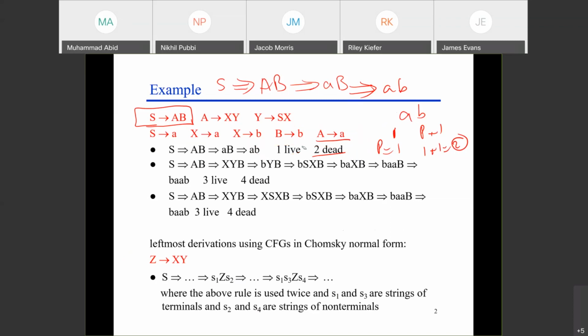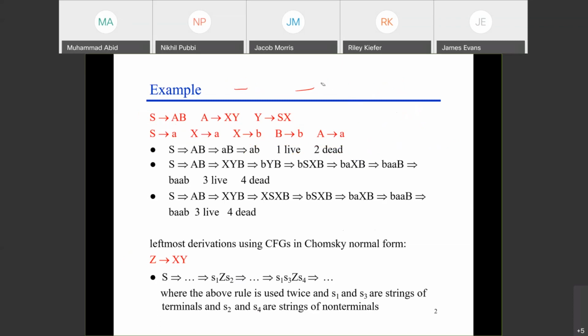Now let's see this again with reference to another example. We want to generate this word BAAB.